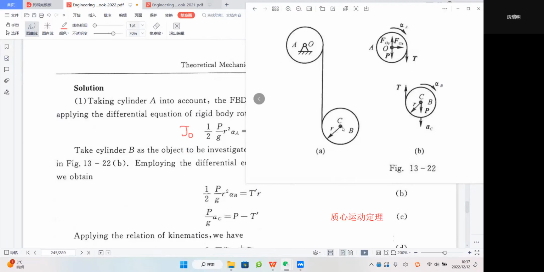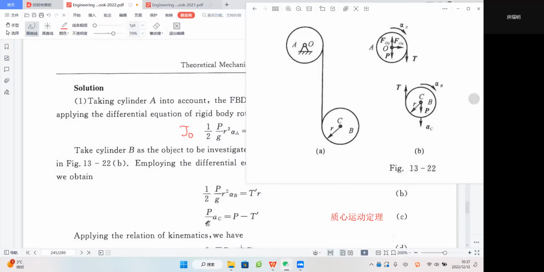It also has another independent rotational component because of its self rotation around axis C, right? So we assume that it has AC always along the vertical line.